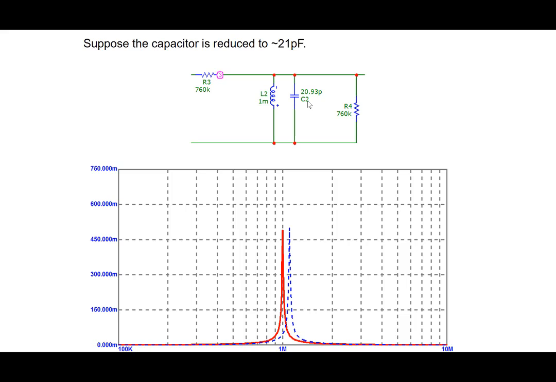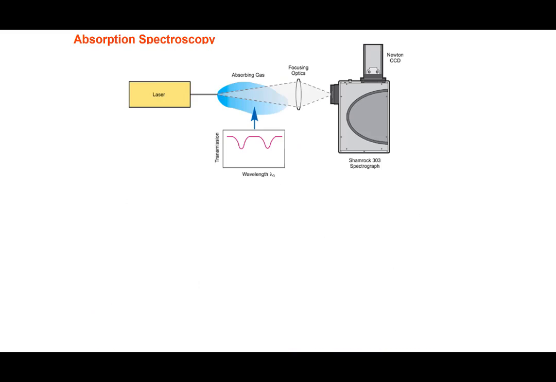For example, if you were interested in a 600 kilohertz radio station, we will have to shift this graph towards the left, which tells you that you'll have to increase the value of C2 to shift this center frequency to 600 kilohertz, and by that you will be able to catch that particular radio station.